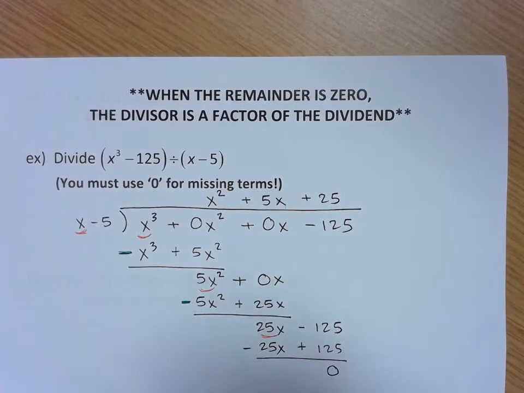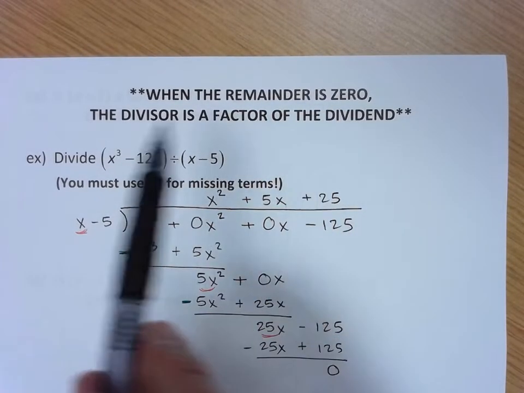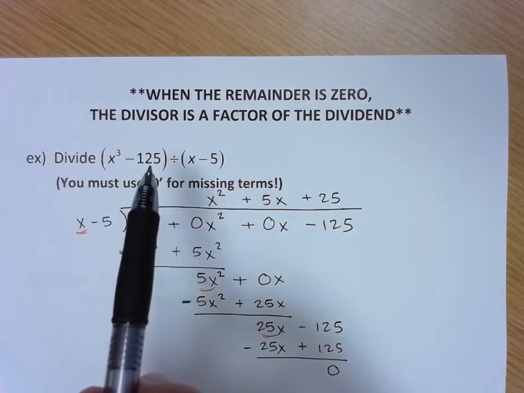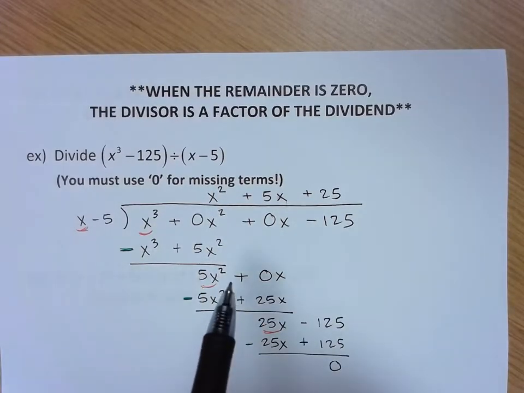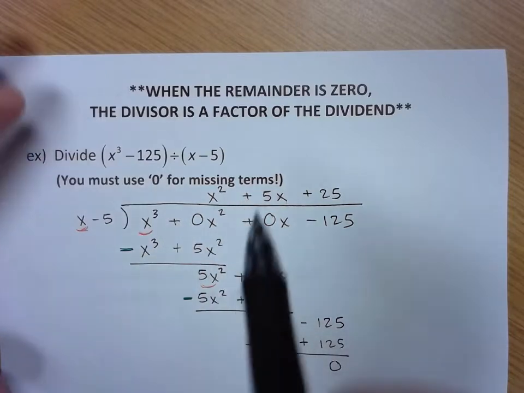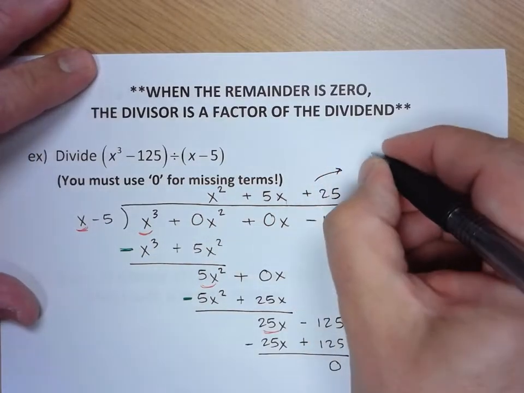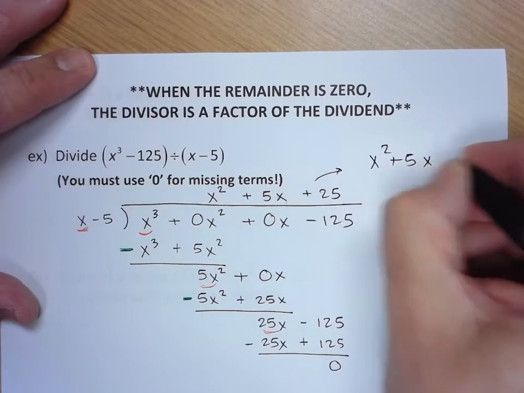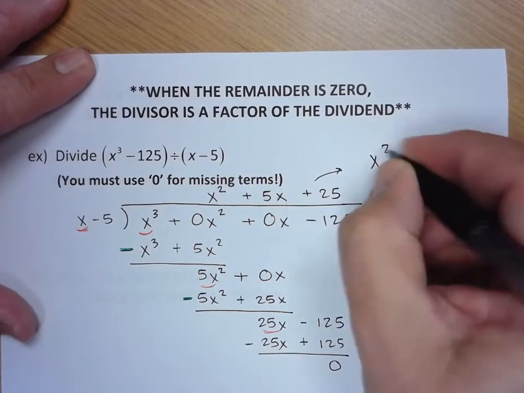Well, when a 0 remainder is obtained, then the divisor you're checking is actually a factor of the dividend. So in other words, we just factored this. This is our quotient. So our answer is x squared plus 5x plus 25.